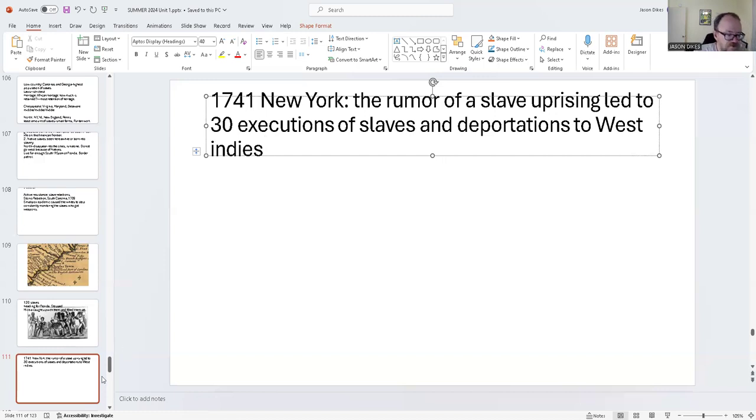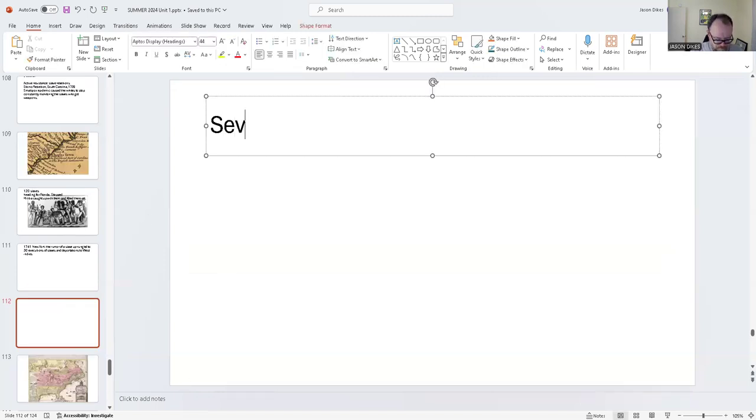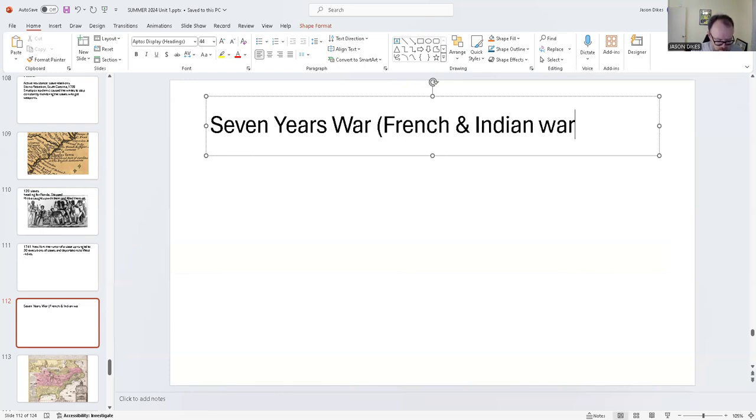Turning our attention now to the 7 Years' War, or you've probably heard it called the French and Indian War, but we're going to call it the 7 Years' War.